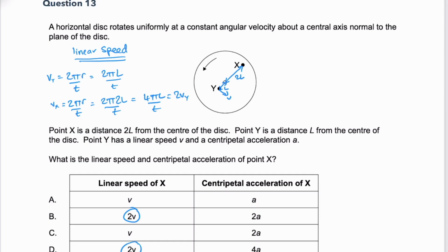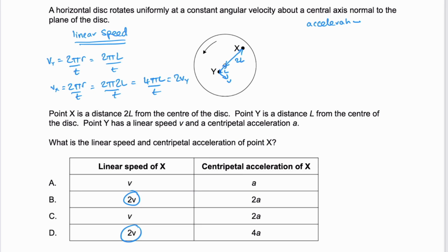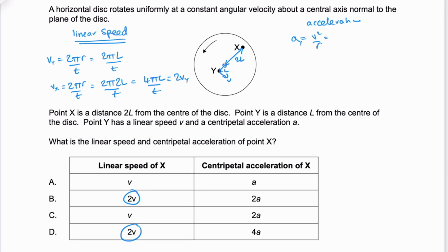Now let's look at the acceleration. The acceleration of y is equal to Vy squared over L. Now let's look at the acceleration of x.